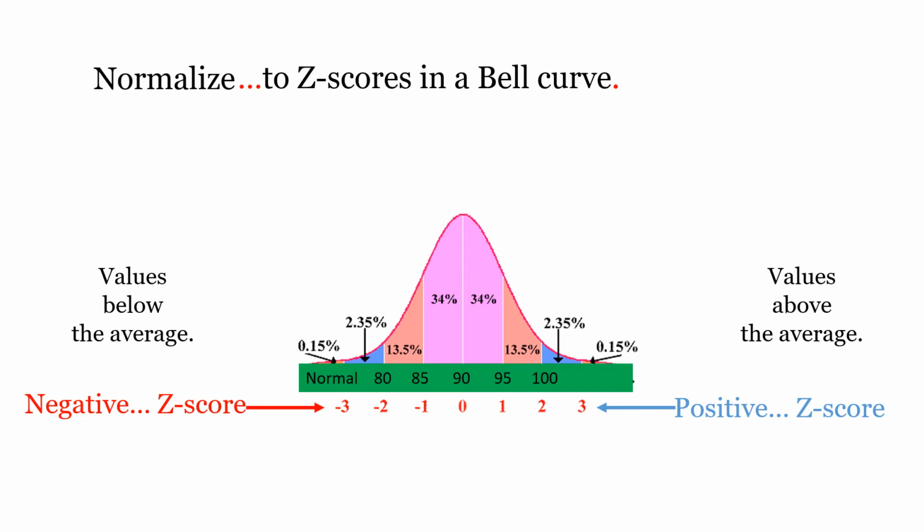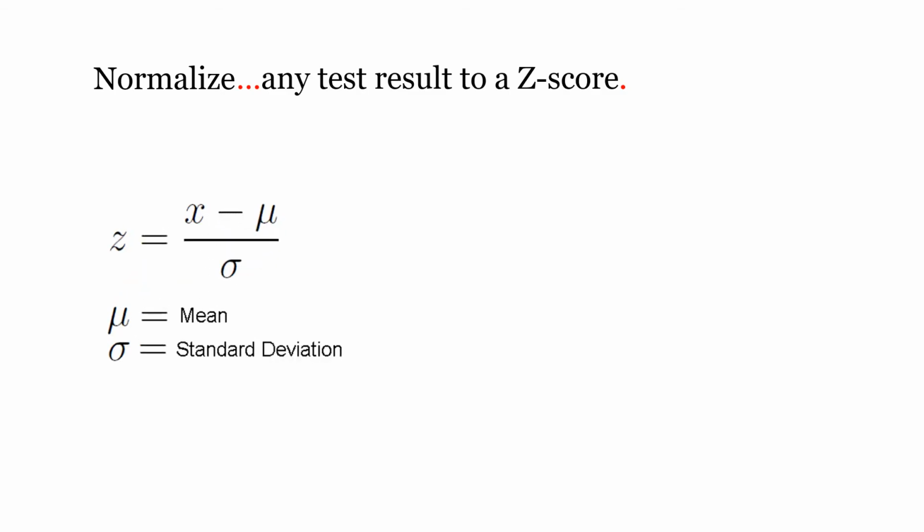Using this convention, one intuitively understands where any specific test result lies on a range of normalcy, and it doesn't require remembering the specific test result value. It also overcomes the handicap that different labs have different ranges of normal for the very same test. Lastly, another advantage of z-scores is that any test result can be normalized into a z-score using this formula.